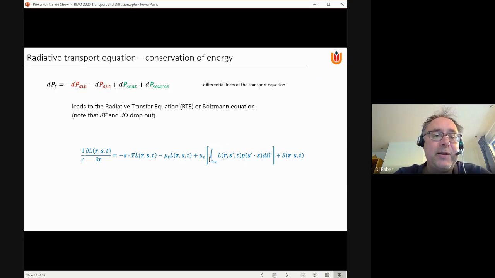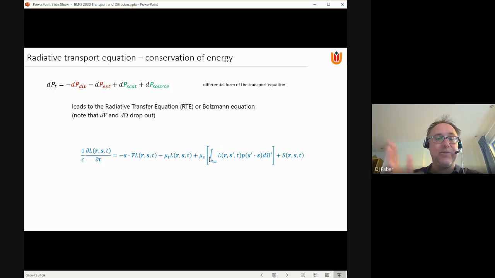If we consider power traveling along a certain direction, then we can lose some of that power just by divergence of the beam, so the beam spreads out. We can lose power because it is either absorbed or scattered out of the direction of observation. That's extinction, also a loss term. But we can also gain some power: there can be power, optical photons, scattered into the direction of observation.